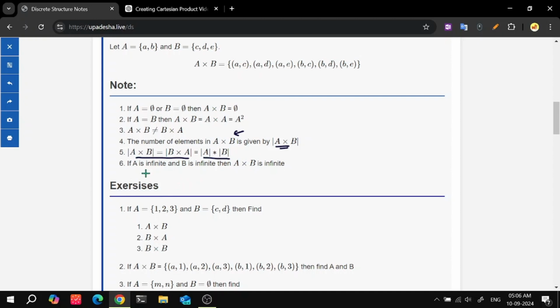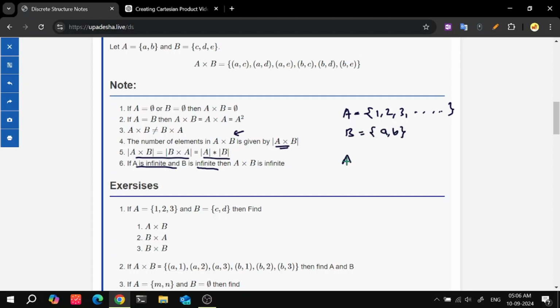Now coming to the sixth point. If one of them is infinite, then the cross product is infinite. Let's take an example. A is equal to {1, 2, 3, and so on}, and B is equal to {a, b}.